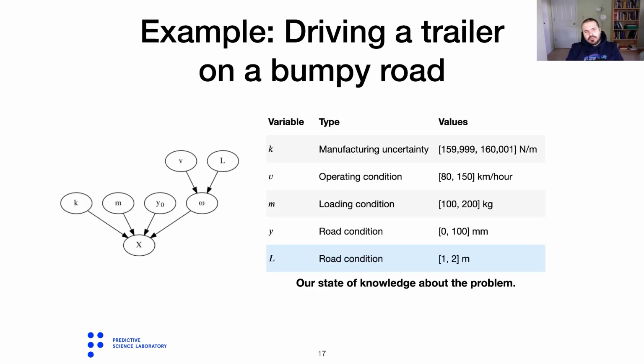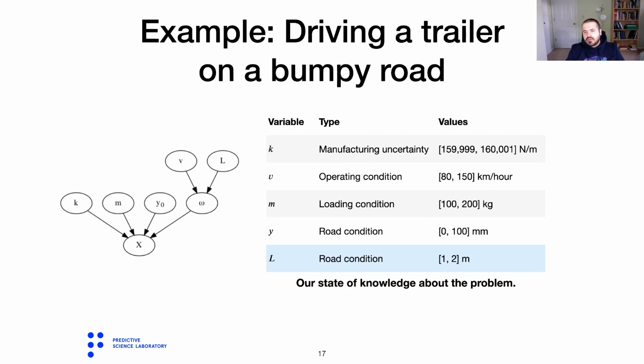Now the next step is to quantify our state of knowledge about the end nodes of this graph. So we need to go over each one of the end nodes, over each of the nodes that have no parents, and basically say what we know about them. So if we go to k, for example, it's a spring constant.